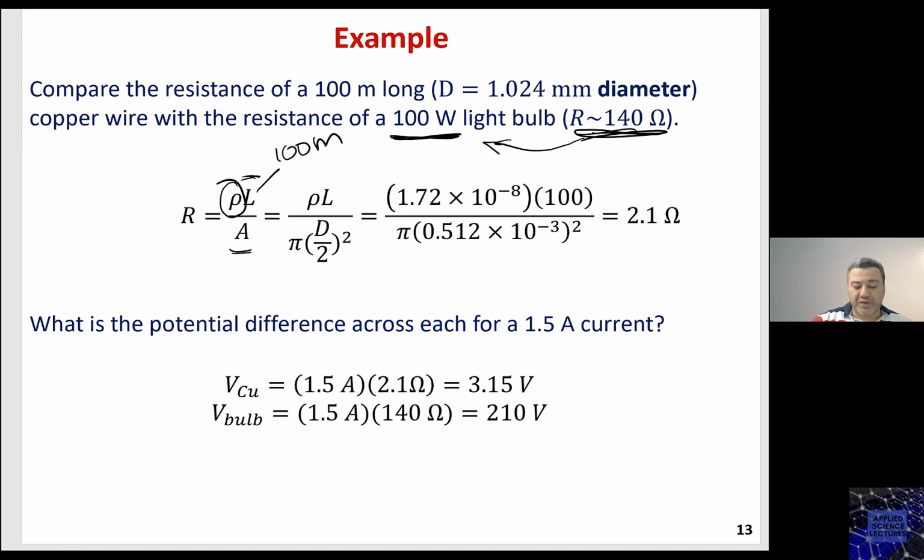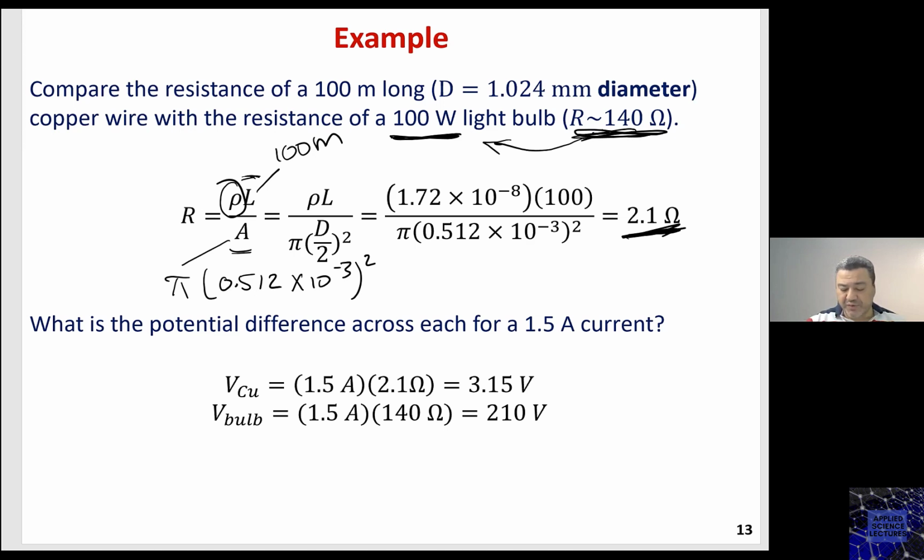The diameter is 1.024, and the cross-sectional area is pi times the diameter divided by 2, which is 0.512 times 10 to the power minus 3, squared. If you do the calculation, you'll see that the resistance for this wire that is 100 meter long with a diameter of 1.024, almost 1 millimeter, is 2.1 ohm.